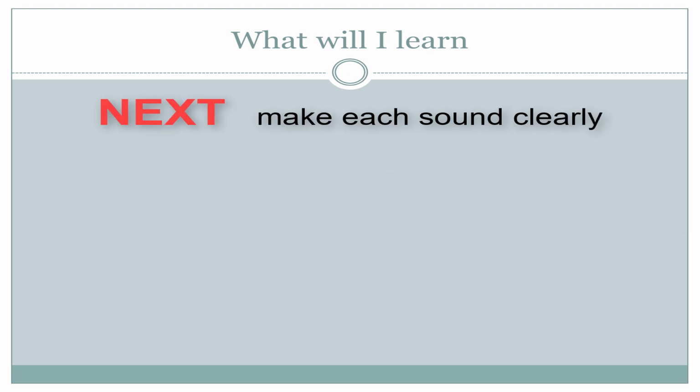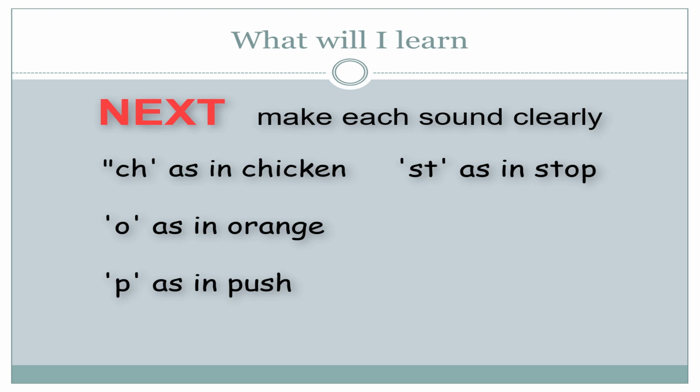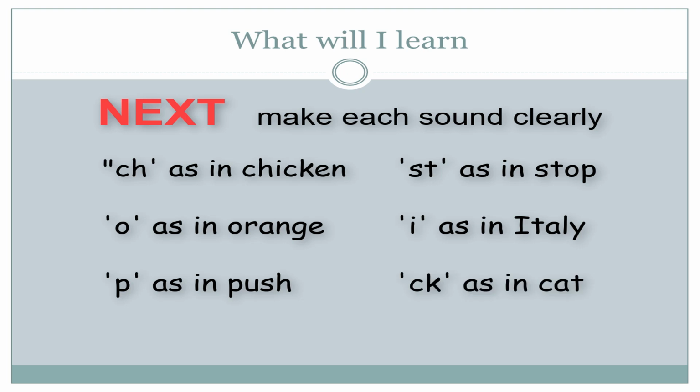Next, make each sound clearly. So we have ch, as in chicken, o, as in orange, p, as in push, st, as in stop, I, as in Italy, k, as in cat, and lastly, s, as in sun.